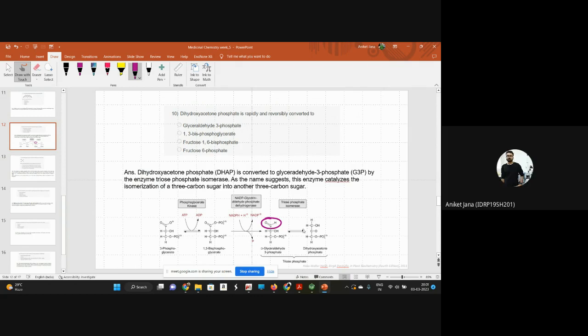This is not phenol, okay? Phenol is when the OH group is linked with the phenyl group. This is an alcohol group, and here the isomerization takes place. The keto group is formed. Here an aldehyde group was there, and here a ketone group is there. Okay, clear?